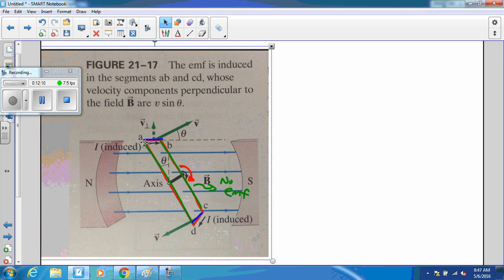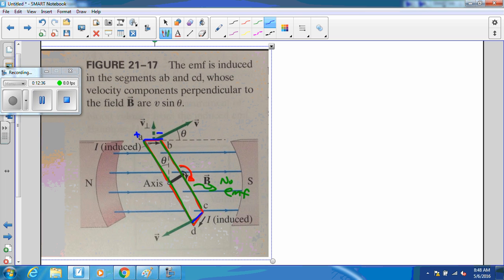So as the loop turns, this piece of wire is going to cut through the field lines, and as it cuts through, it's going to experience EMF, just like that Hall effect that we saw earlier. So we're going to end up with one side that's plus and one side that's minus, and because these guys are moving in opposite directions, you're going to end up with opposite signs here.